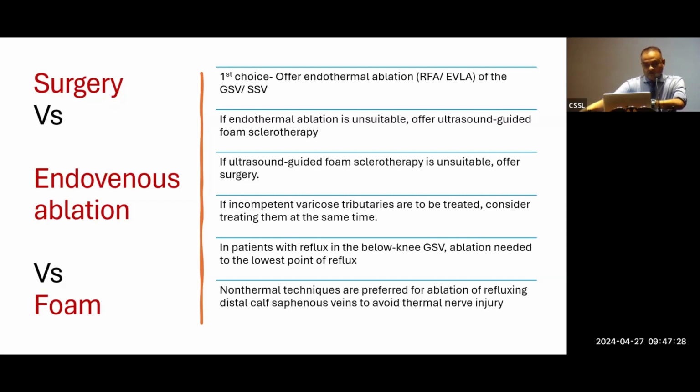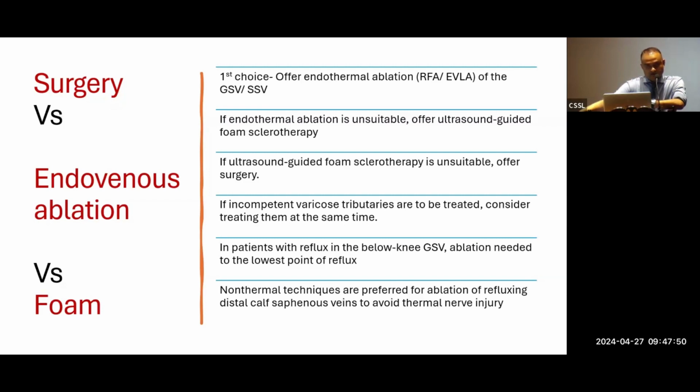If endothermal ablation is unsuitable for whatever reason, then offer ultrasound-guided foam sclerotherapy. So this is not simple sclerotherapy given for the superficial veins you see. If you're treating truncal reflux, remember trunks are deep. So you can't just give foam to the superficial vein and hope that it goes into the trunk.